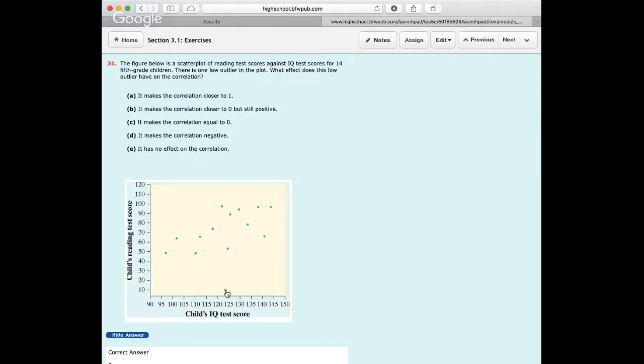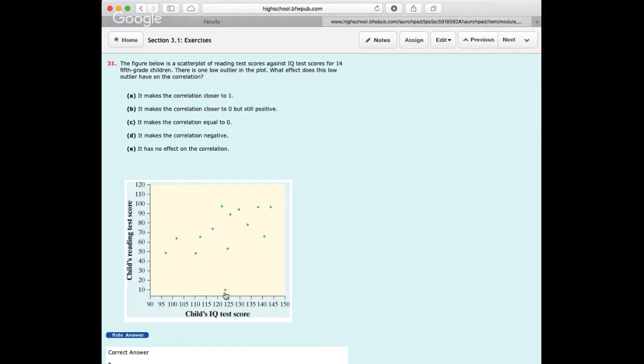So the fact that this dot is on the outside, we understand that if we had just dots everywhere, boom, boom, boom, like a cluster, then that relationship is going to be closer to 0. 0 means that we have literally no linear relationship, okay? That's what 0 is. But going from 0 to 1, the closer we get to 1, the larger the positive linear relationship will be.